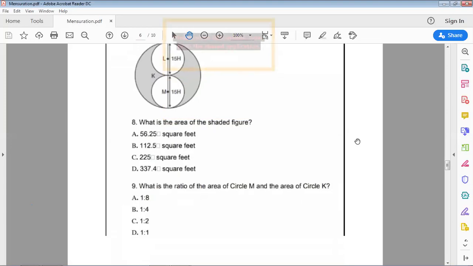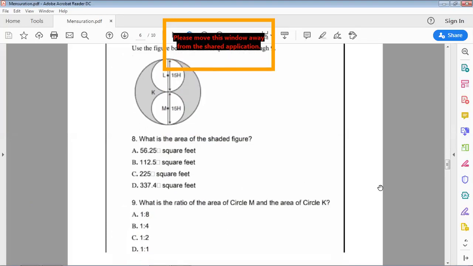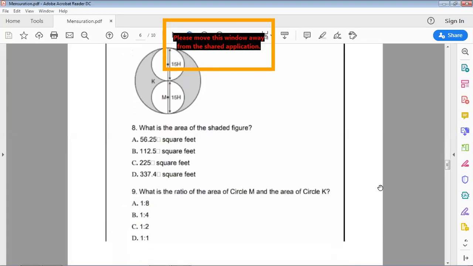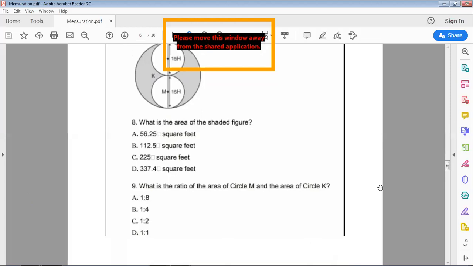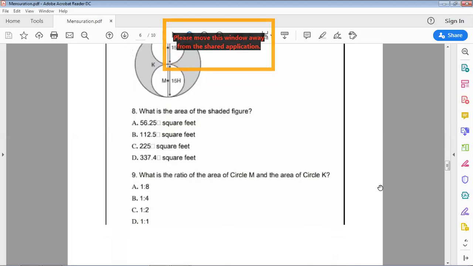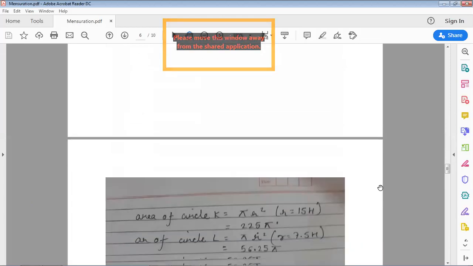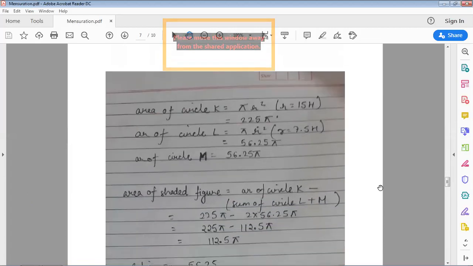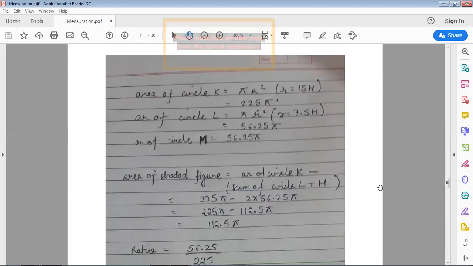Please read the question again, M and K. Yeah, B. The answer is B. And Nakulesh also, yeah, the answer is B. This was a pretty easy question. I just included it because it was given in your sample paper 2020.